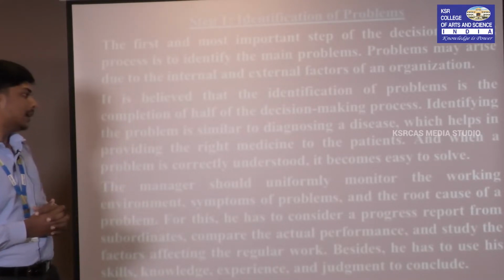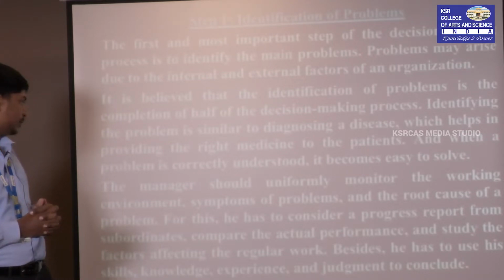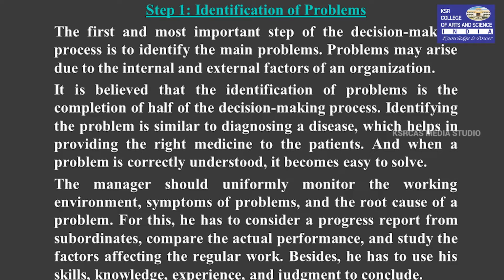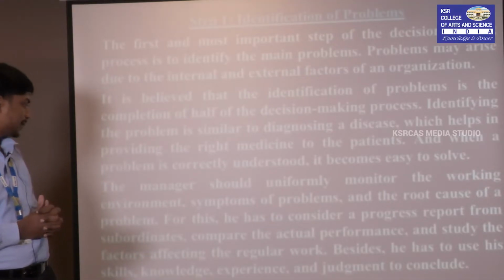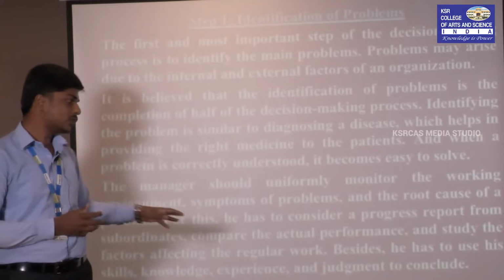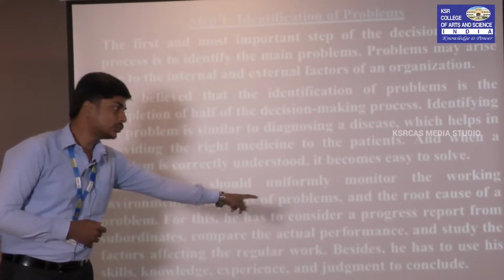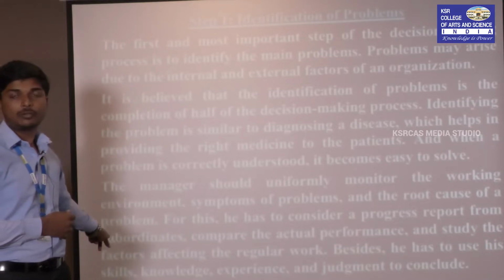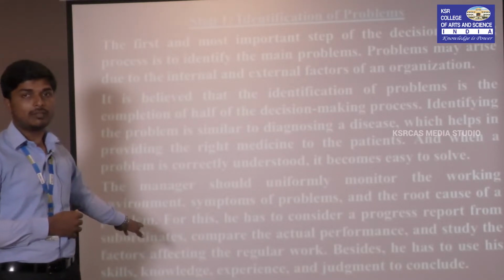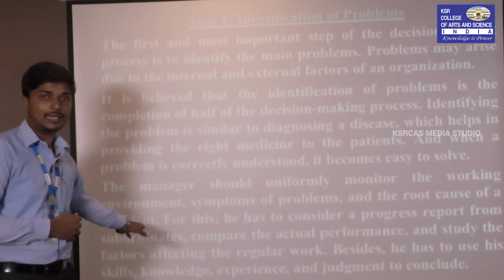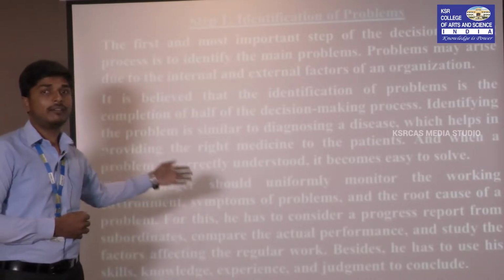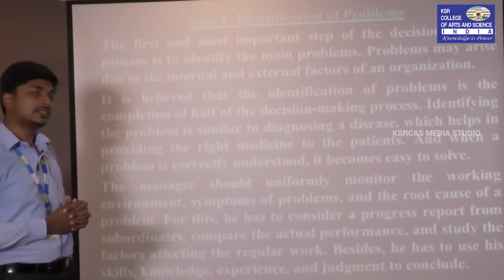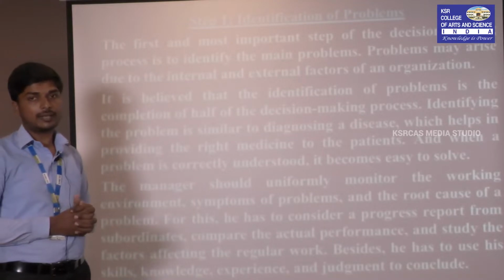For this, he has to consider progress reports from subordinates, compare the actual performance and study the factors affecting the regular work. Besides, he has to use his skills, knowledge, experience and judgment to conclude. Of course, managers or superiors will be using skills and judgment, having previous experience, to take correct decisions.